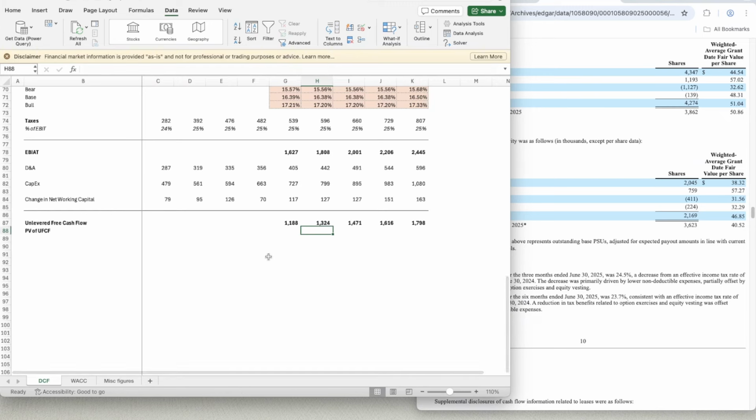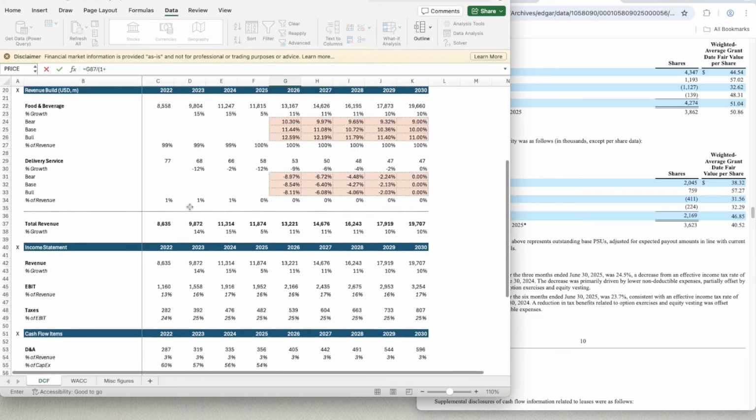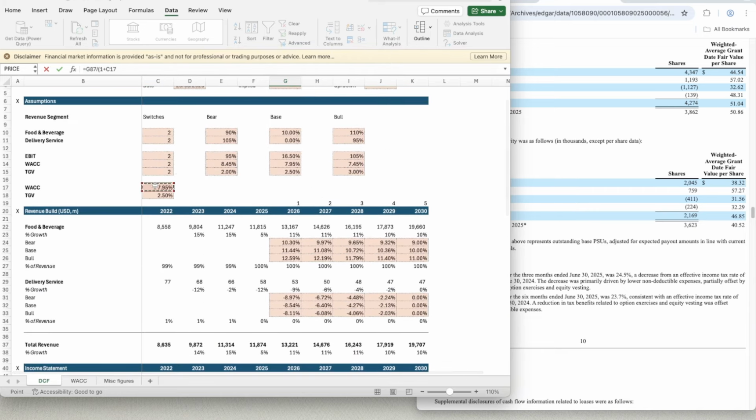So, to find the present value of the unlevered free cash flow, we take the unlevered free cash flow and we divide it by 1 plus the WACC to the power of whichever year out we're projecting, which is why I said let's put these 1, 2, 3, 4, 5 in earlier.